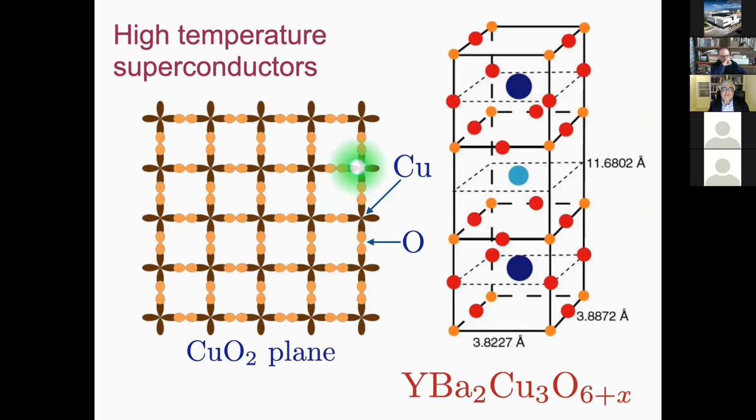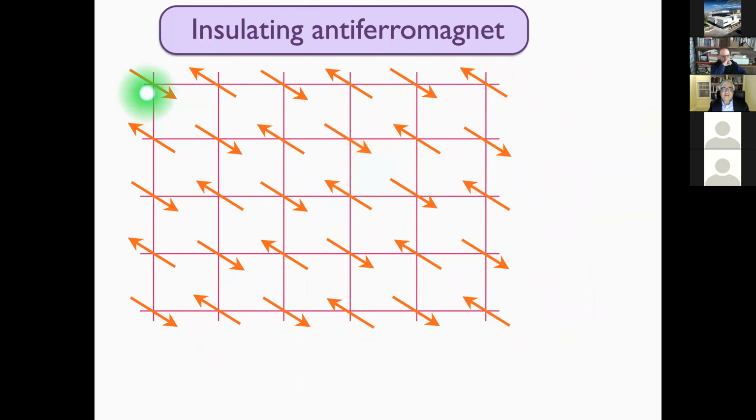So you can think of this, in a certain limit, as electrons that are moving on the square lattice. And if you had one electron for each site, what they will do, because of the nature of the coupling between them, is first of all freeze their charge and become an insulator, and they would form this checkerboard arrangement of up and down spin called an antiferromagnet.